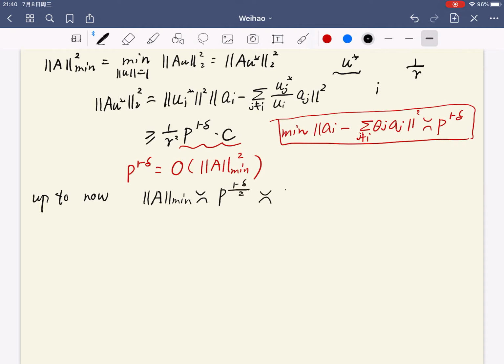And we can replace the A by the upper triangular matrix R because of the unitary invariant property of Q.